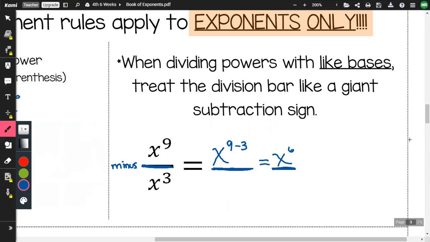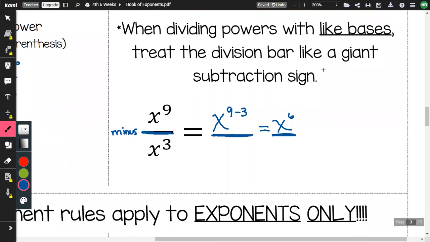Okay. What if this was flipped around? What if we had x cubed on top and then x to the power of 9 on the bottom? You always subtract first. That is a note I will allow you to write.